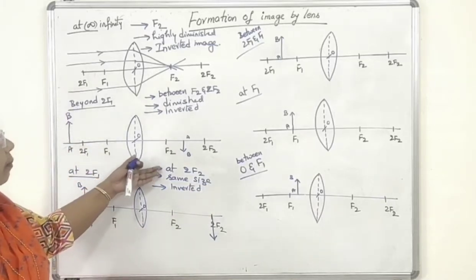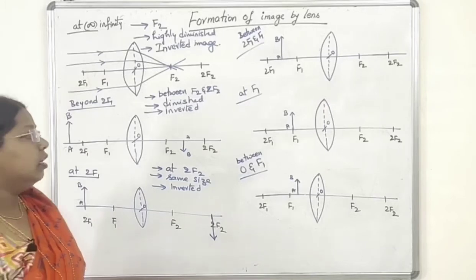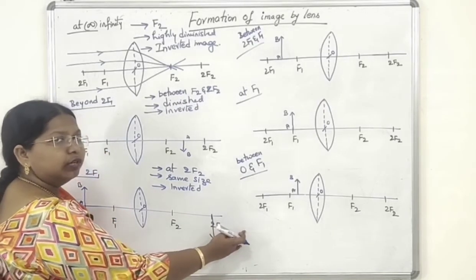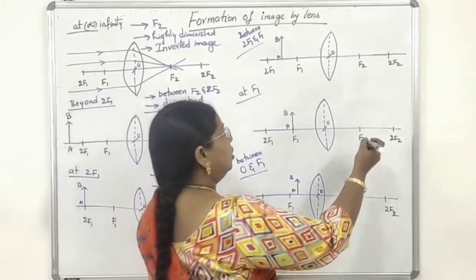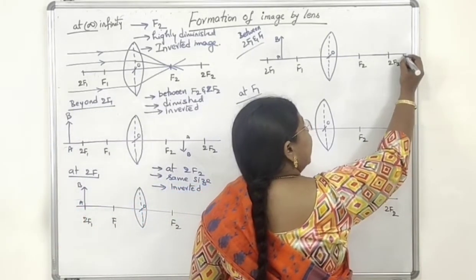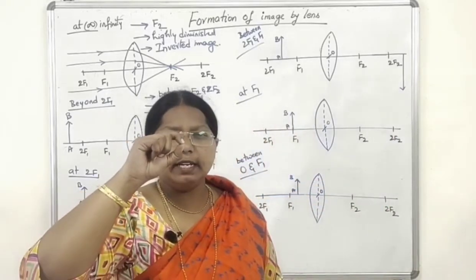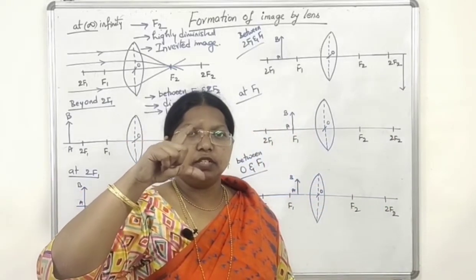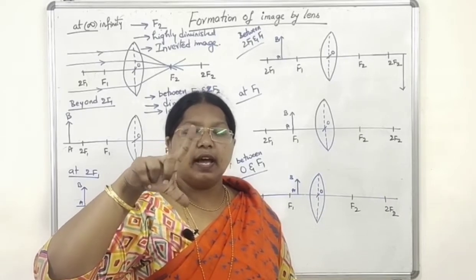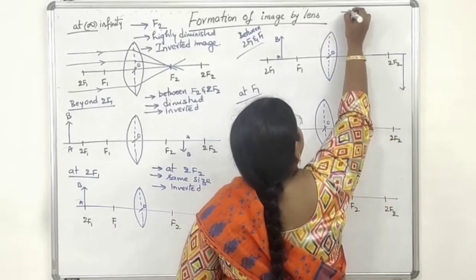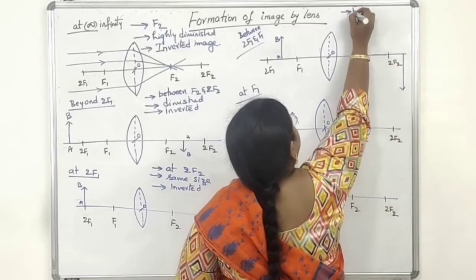So we are writing the properties of images now. Next, after 2F2, where does the image move? Beyond 2F2. And size? Initially it is highly diminished, then diminished, same size, now enlarged. So where is the position?